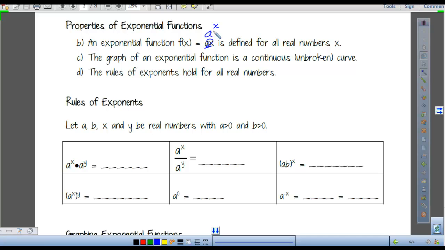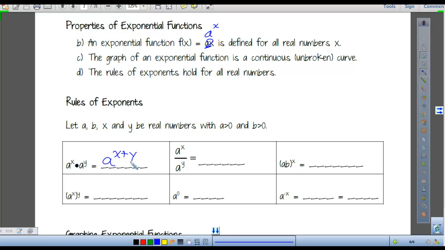So, for a, b, x, and y real numbers with a greater than 0 and b greater than 0. Remember, if we multiply exponential expressions that have the same base, what do we do with their exponents? Add. So a raised to x plus y.